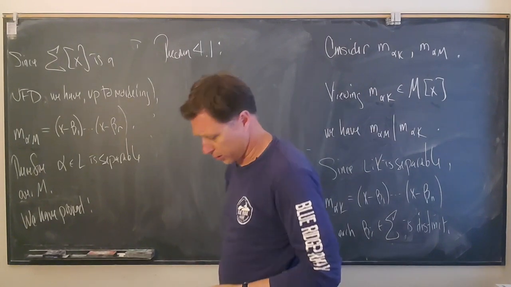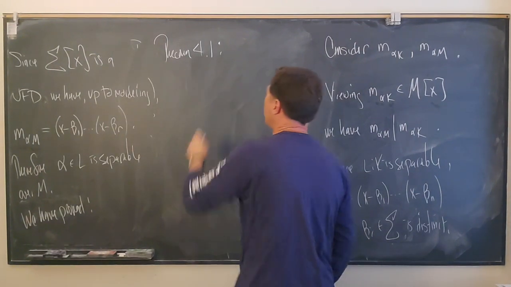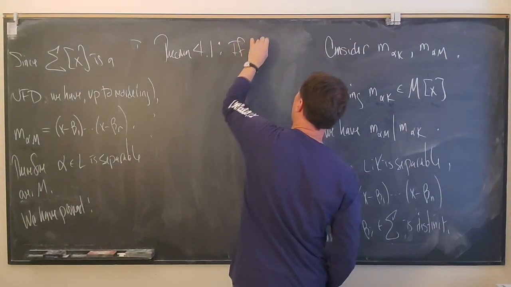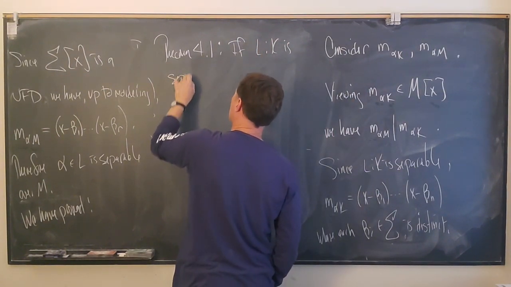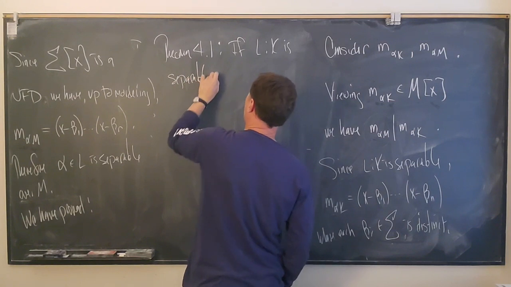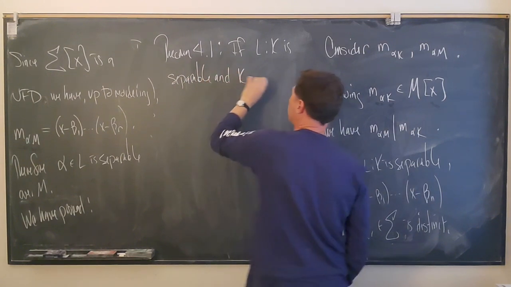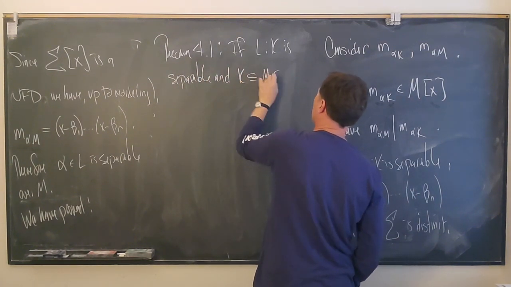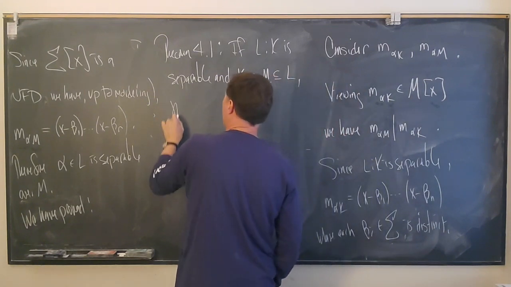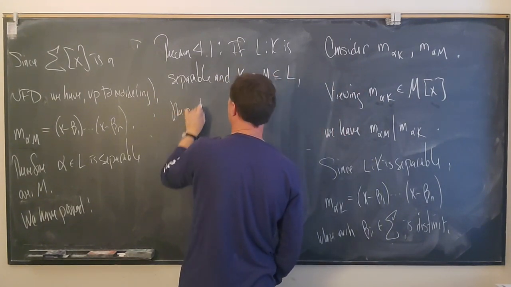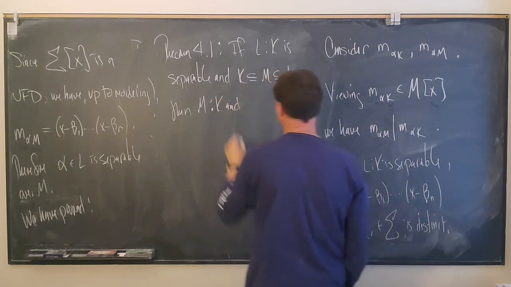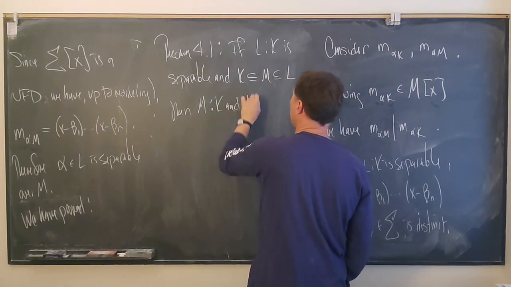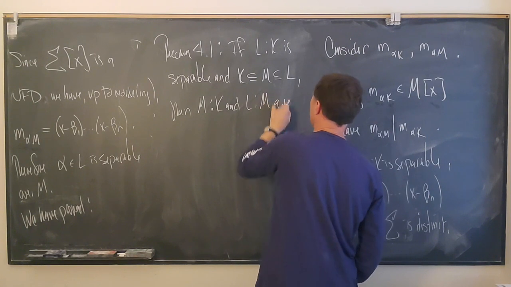Is that chapter 4? If L over K is separable, and we have a field in between, then both M over K and L over M are separable.